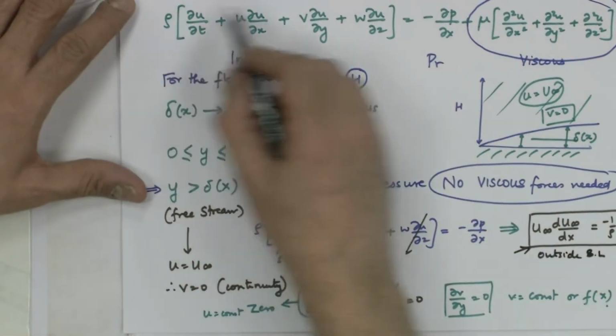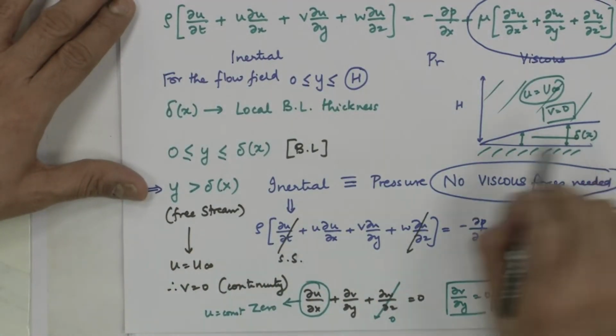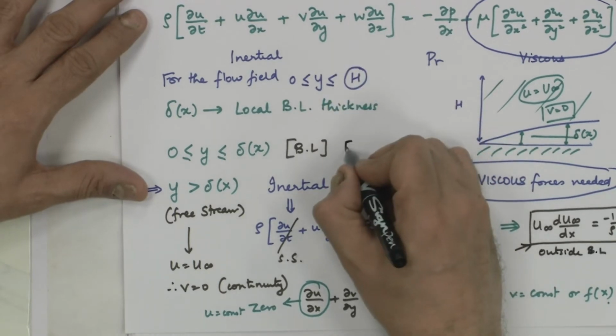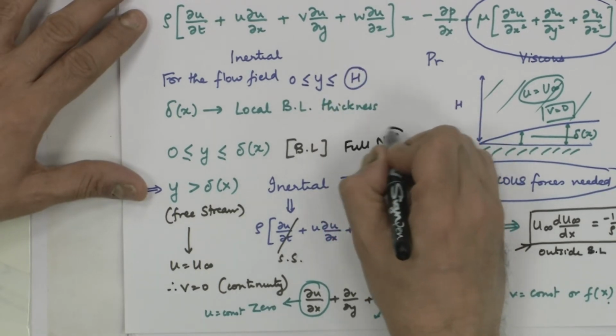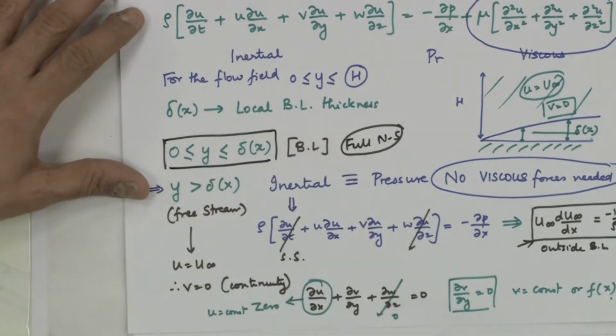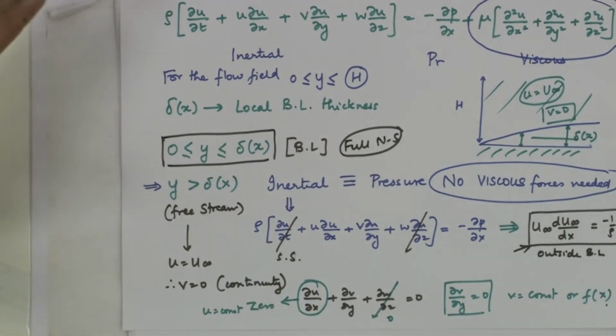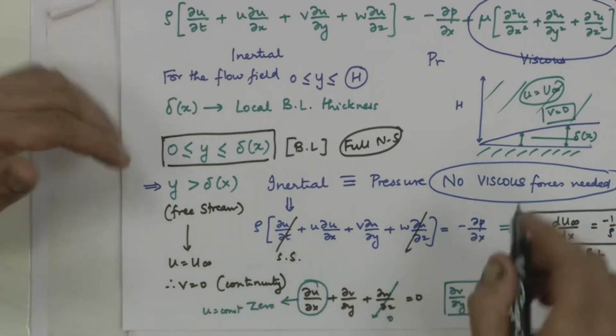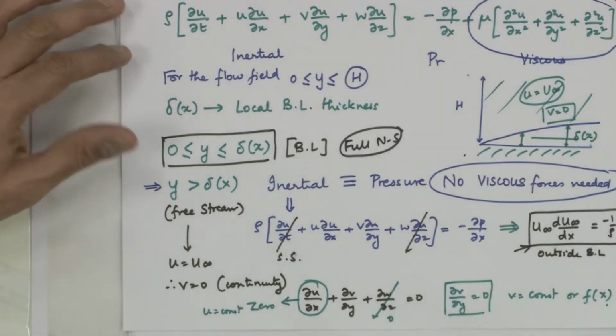Yes, I have to solve this entire thing for a very, very small region. Full Navier-Stokes has to be solved for a small region, which is between 0 and delta x. Isn't it a lot easier than going from 0 to full h? And mind you, boundary layer thicknesses are very, very small, but what is so great about it?